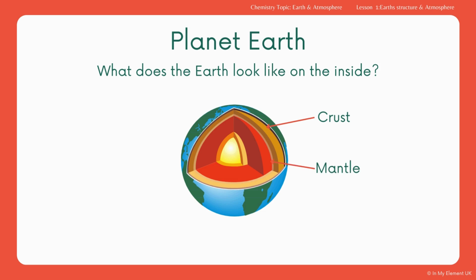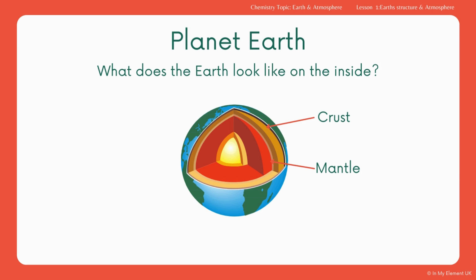The next layer that you can see in there is the mantle. Now, the mantle's underneath the crust, and the majority of the mantle is solid. But deep down, as you get further in here, there is a liquid, and it can flow really slowly, because the further you go towards the center, the hotter it will become.